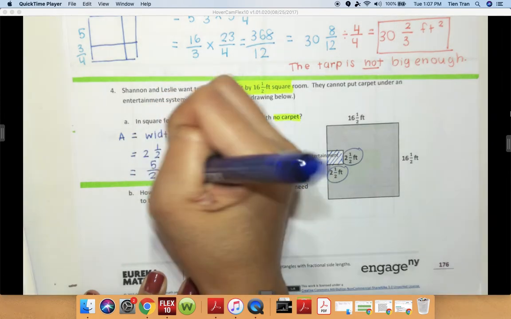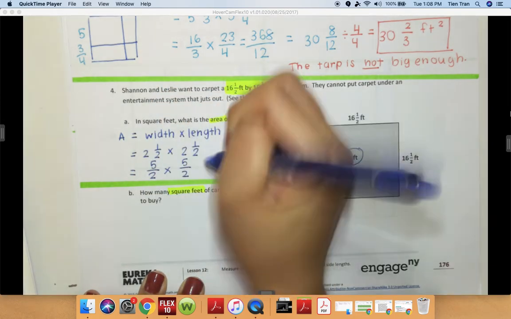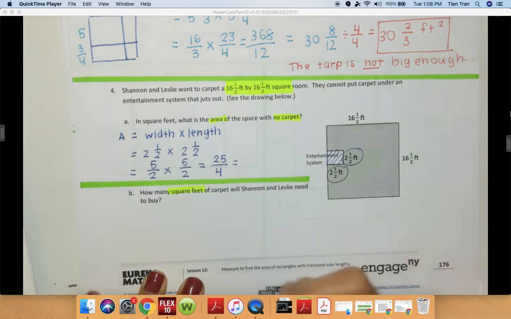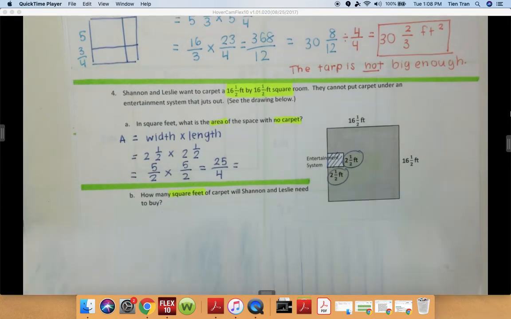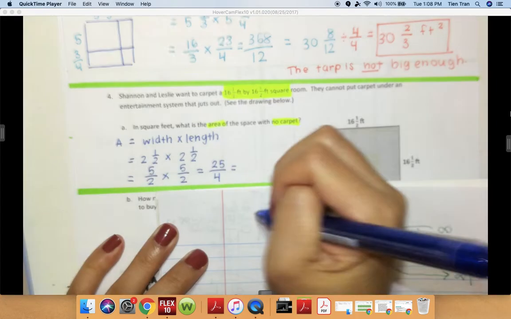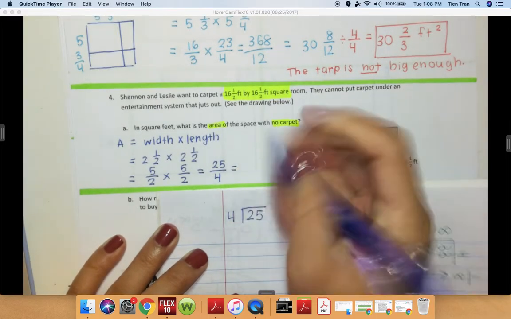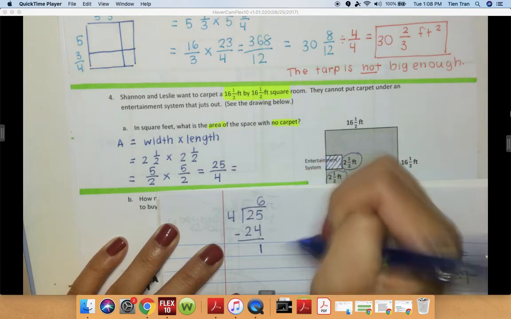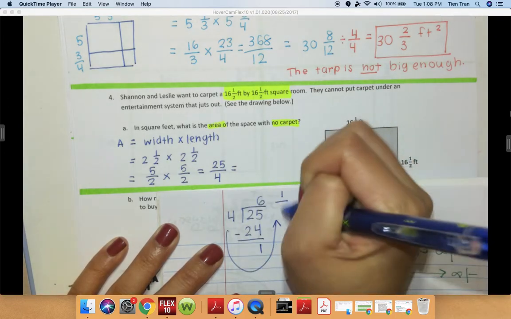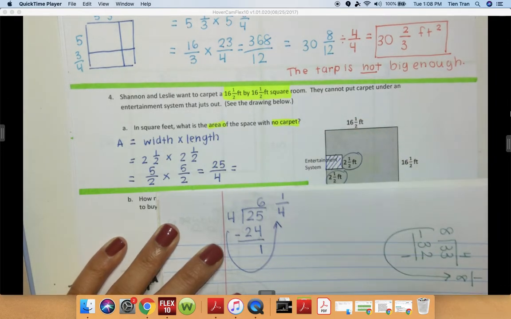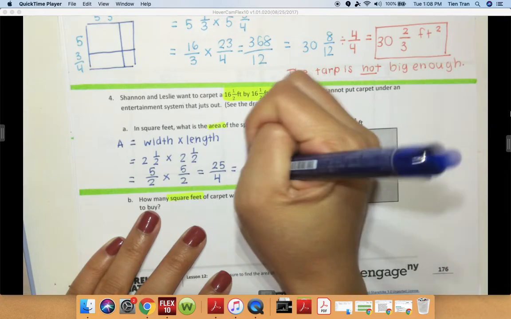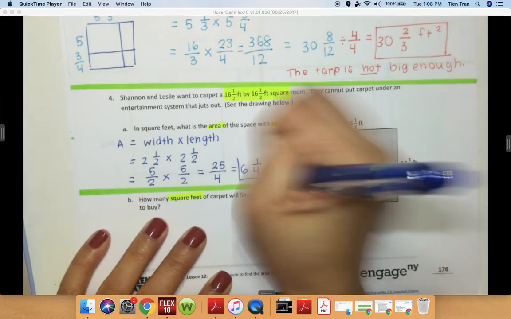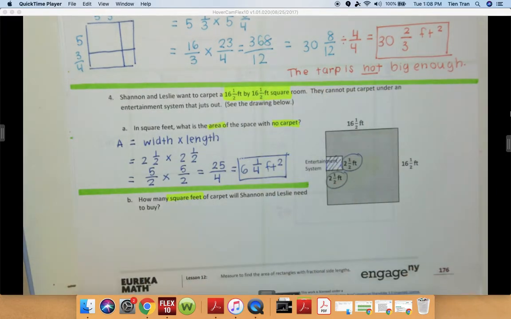I get 5 halves times 5 halves. 5 times 5 is 25, and 2 times 2 is equal to 4. So now I'm going to divide. I have 25 divided by 4. 4 can go into 25 6 times. 25 minus 24 is equal to 1. My remainder is 1, and my denominator is 4. So 6 1/4 feet squared. That is the measurement for the entertainment system.